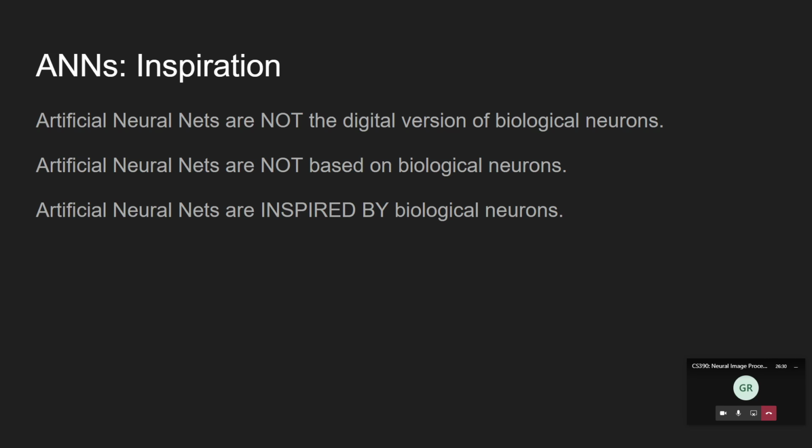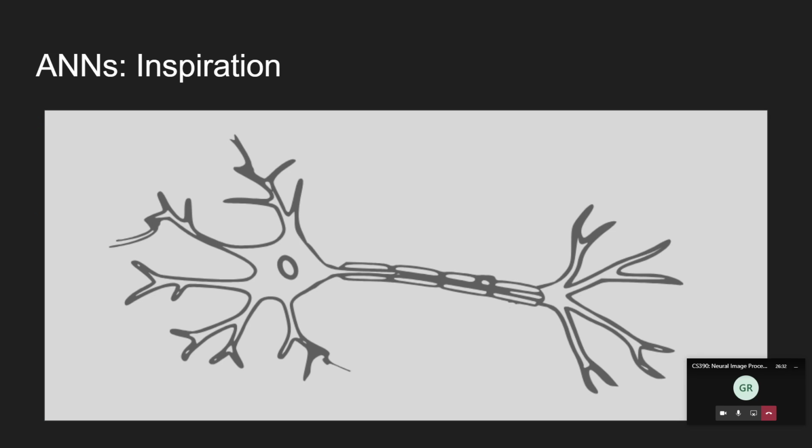On the very next slide, let's compare these too much. So, can anyone point out any specific structures on this biological neuron? There's the myelin sheath. Yep, right there in the center.